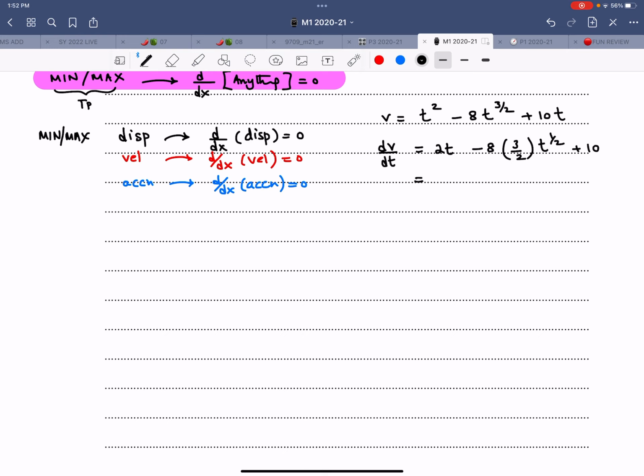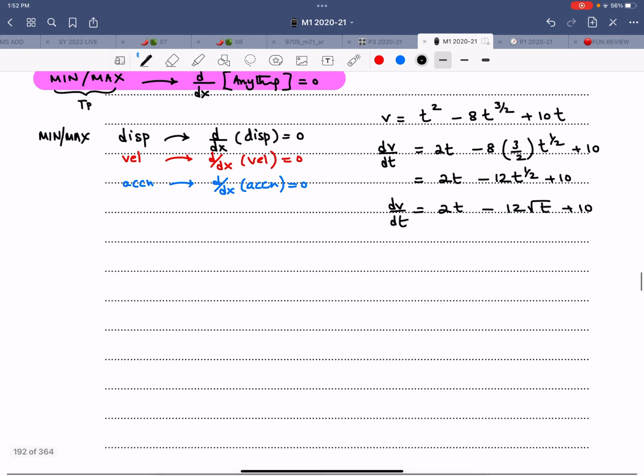Simplified further, that is 2t minus 12 t raised to power of half plus 10. I can even write this as 2t minus 12 square root t plus 10. This is my dv by dt.